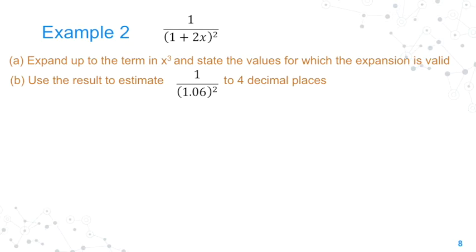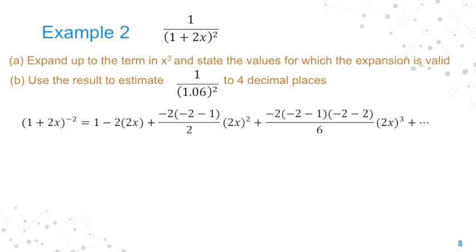So let's answer first letter A, and that is to expand it. Okay, so using the formula, this can actually be written as 1 plus 2x to the power of negative 2. So again, our n is equal to negative 2, but take a look at our second term. This time it's no longer x, but it is 2x.